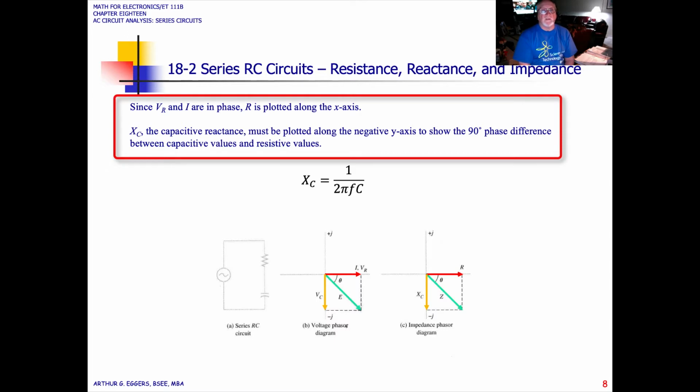Since the VR, the drop across the resistor, and the current are in phase for a typical circuit, R is always plotted across the x-axis. X sub C, the reactance for the capacitor, must be plotted along the negative y-axis, or the minus j-axis, we use them interchangeably, to show the 90-degree phase difference between capacitive values and resistive values.